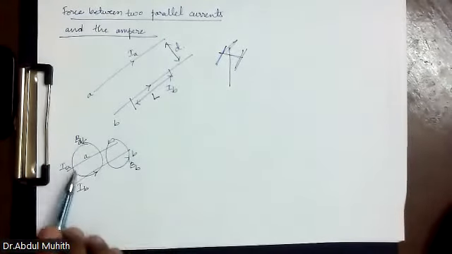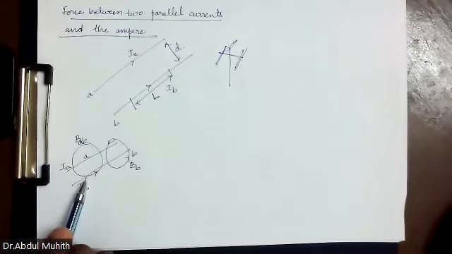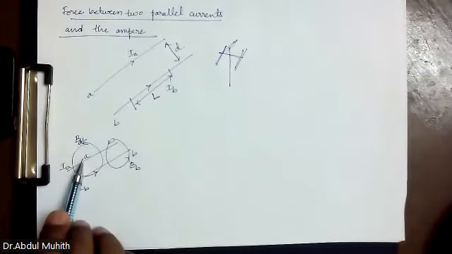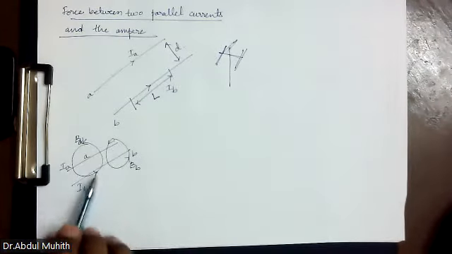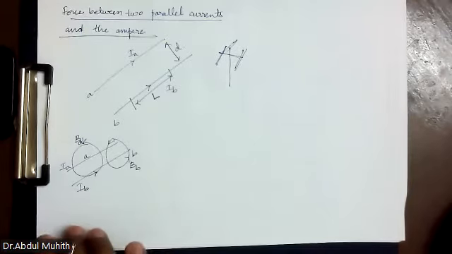Means the second wire falls in the magnetic field of the first wire and the first wire falls in the magnetic field of the second wire. Due to that, both of them are experiencing forces. Some force is experienced by each wire.